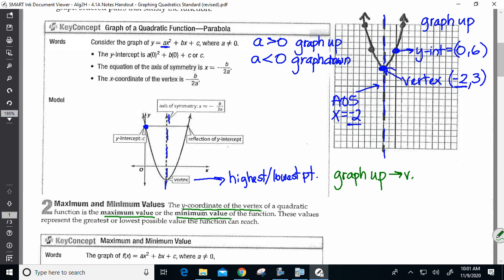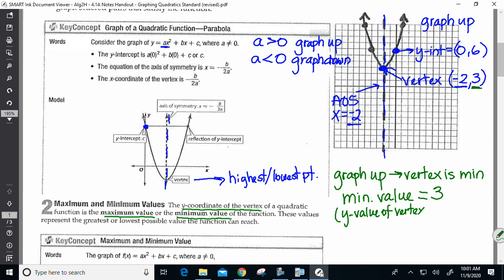That means that the vertex is a minimum, and the minimum value is equal to 3. The minimum value is always the y value of the vertex. If we were dealing with a maximum, it would work the same way.